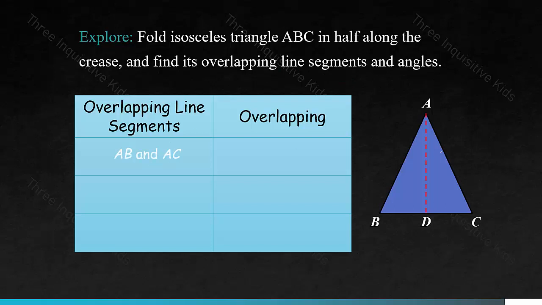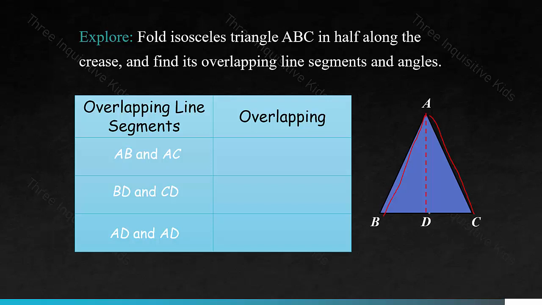Well, AB and AC are corresponding line segments. And of course, their lengths are equal, so they would be overlapping. So are BD and CD. They're both half of the base. And AD and AD.